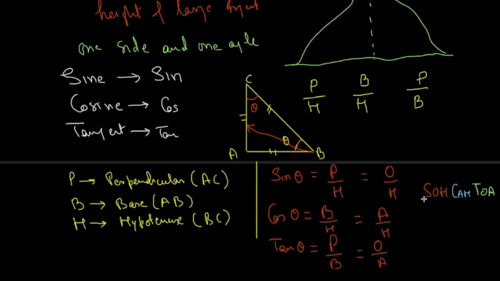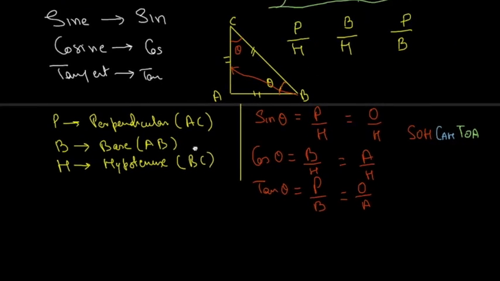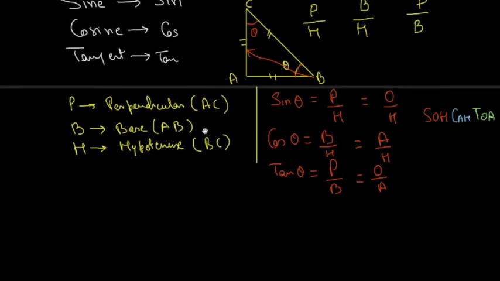Which means sine is opposite over hypotenuse, cos is adjacent over hypotenuse, and tangent is opposite over adjacent. Now, to be very frank, I get very confused with this opposite, adjacent, etc. So I prefer to use Pandit, Badri, Prashad, Har, Bole.